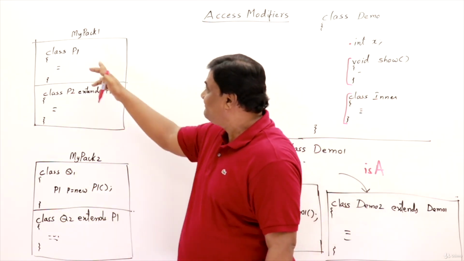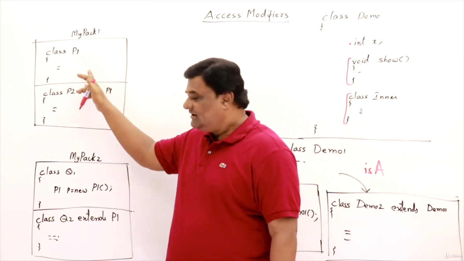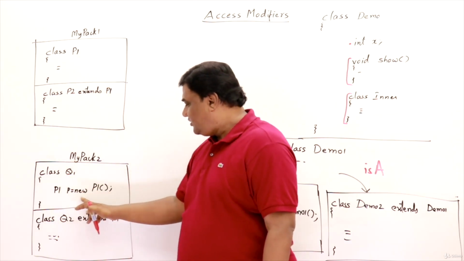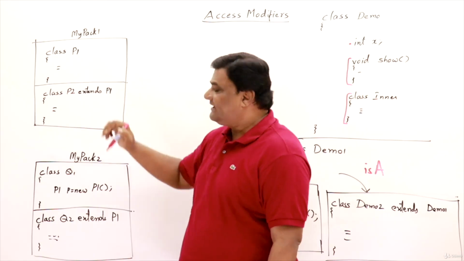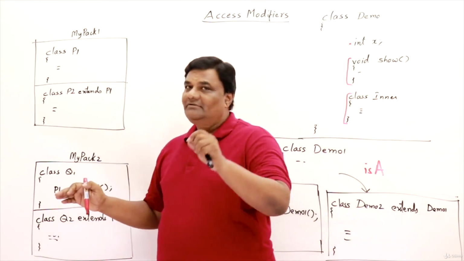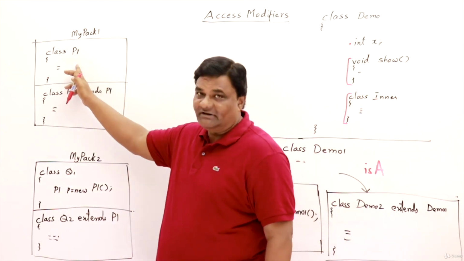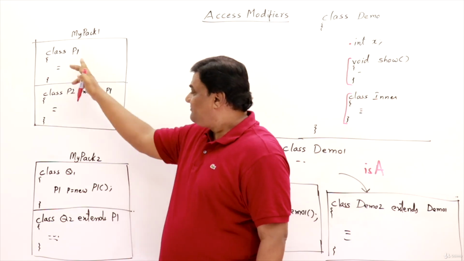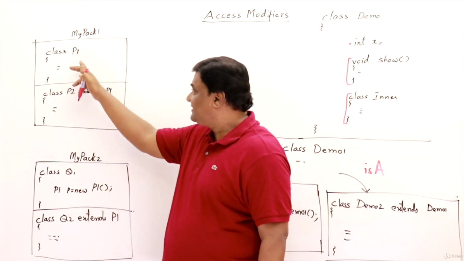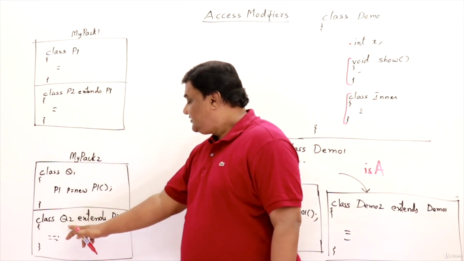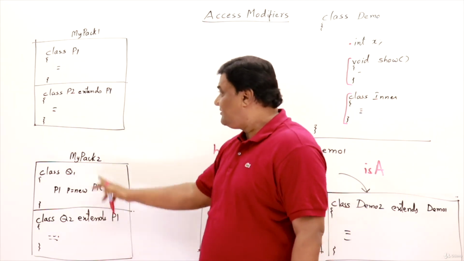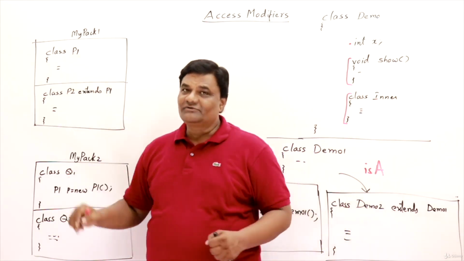P1 is present in the first package, and Q1 is using an object of P1 that is present in that package. So in this example, primarily I have used class P1. P2 is extending from P1, Q1 is using an object of P1, and Q2 is inheriting from P1.